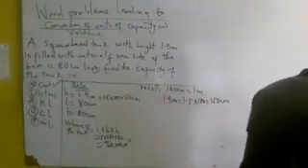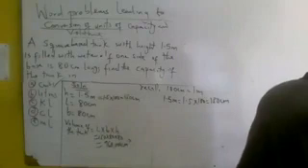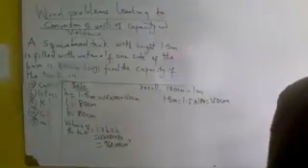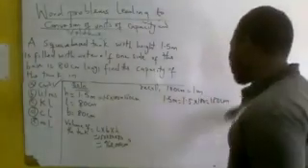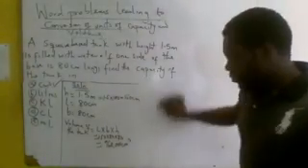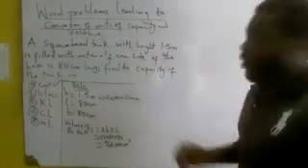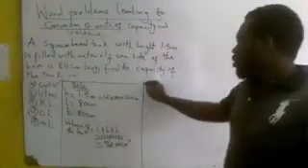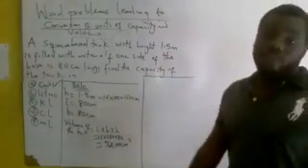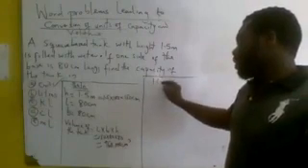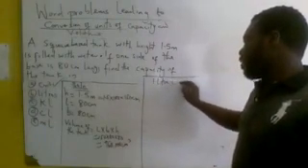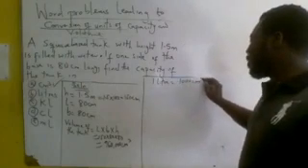Now, what's the relationship between centimeters cubed and liters? Recall also that these are things you need to know. From your table, you recall that 1 liter is equivalent to 1,000 centimeters cubed.